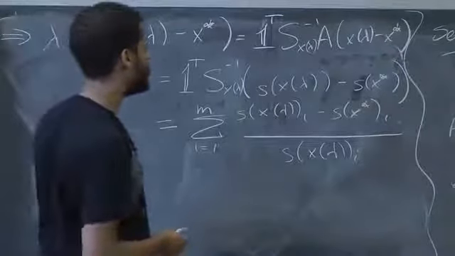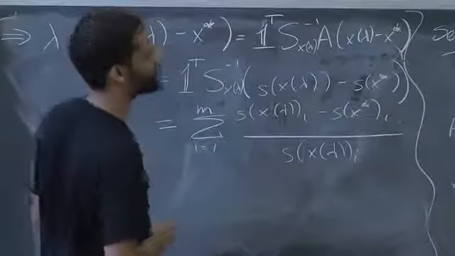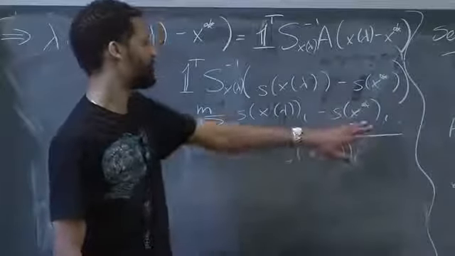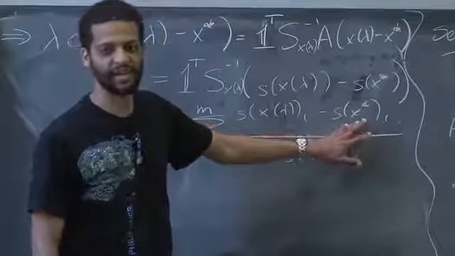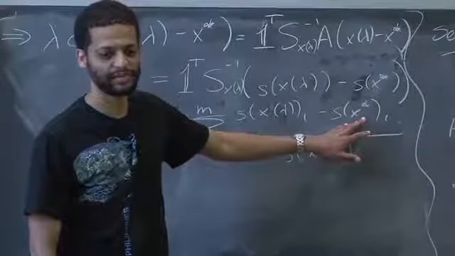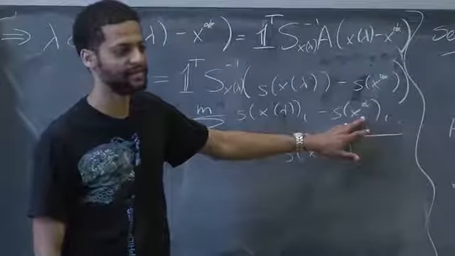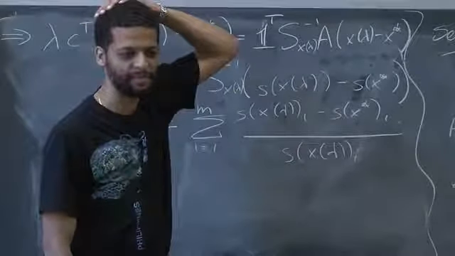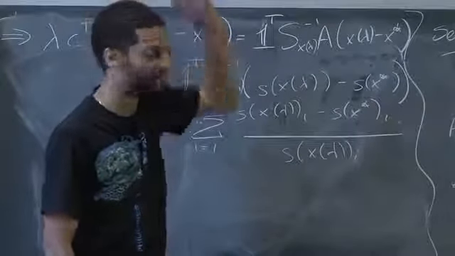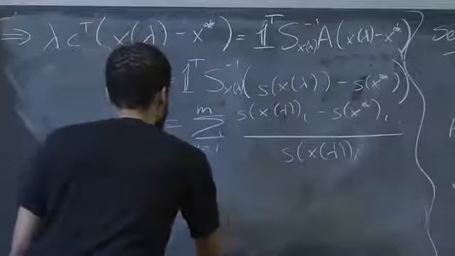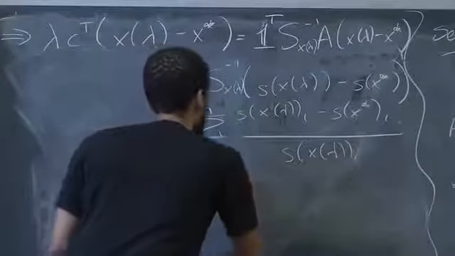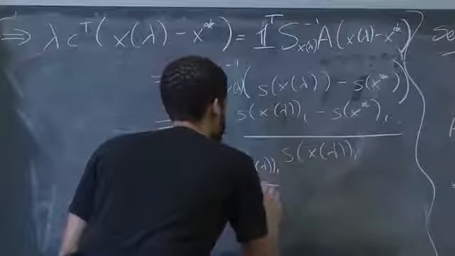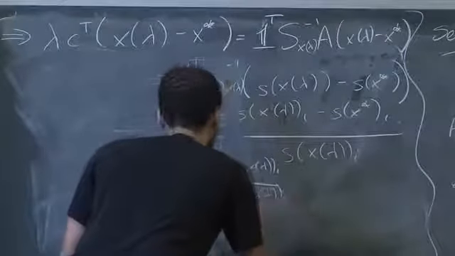Okay. And then now we'll use the only inequality here. What's the only thing you can tell me about any slack vector? It's not negative. So this is certainly at most the sum over i of s of x lambda i over s of x lambda i, which is just m.